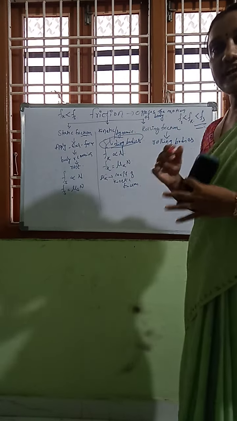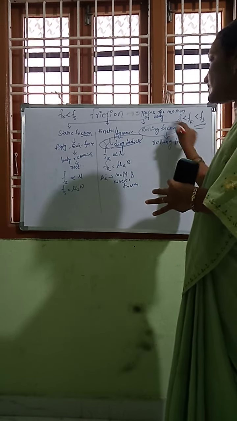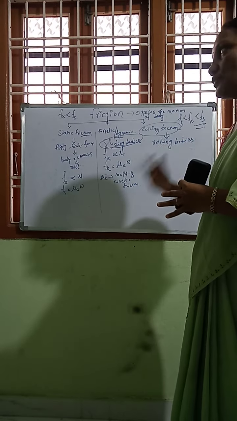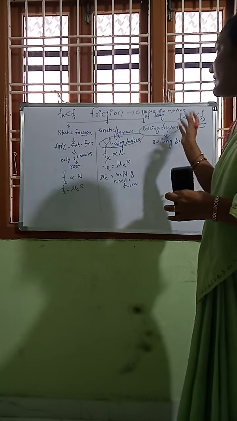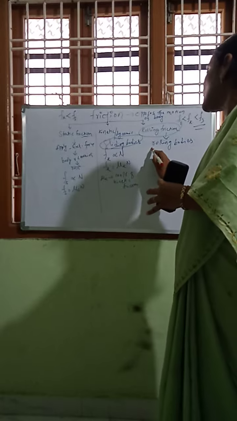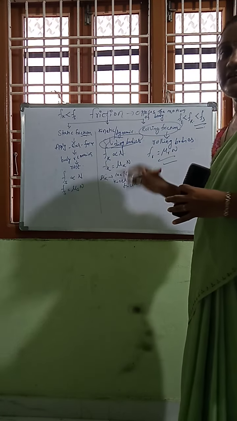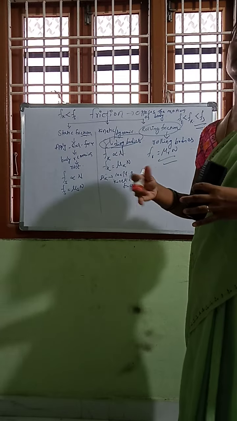And the resistance encountered by the rolling bodies, we call rolling friction. And rolling friction will be least compared to kinetic and static friction. So Fr is equal to mu r into N, we can write, where mu r is the coefficient of rolling friction.